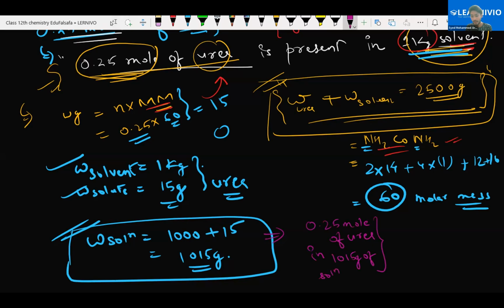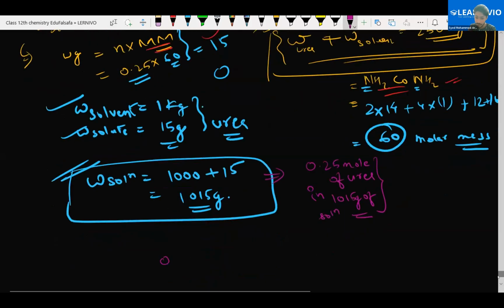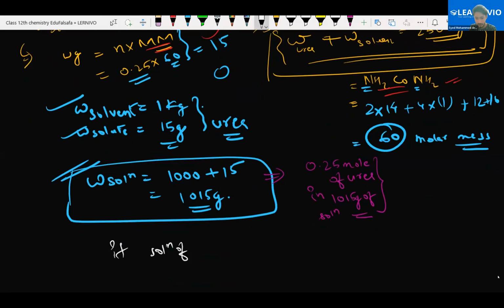And what the question asked me is, if I have a solution of 2.5 kg, then what is the weight of urea?